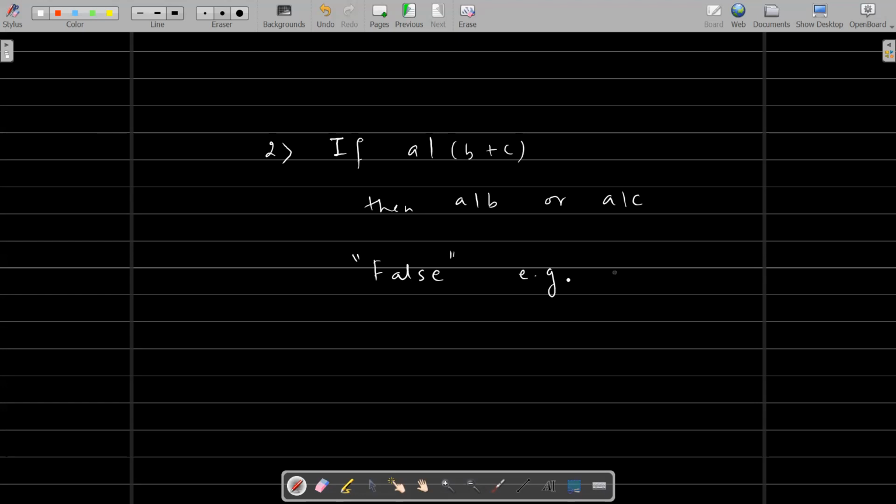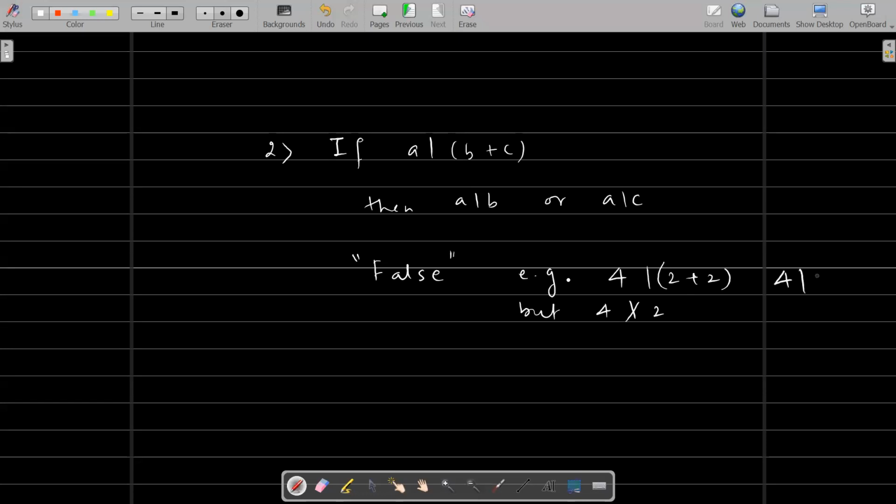For example, say 4 I'll break as 2 plus 2, right? So 4 divides 2 plus 2, but 4 does not divide 2, nor the other one, which is also 2. Or if you want, instead of 2 and 2, take two different numbers.